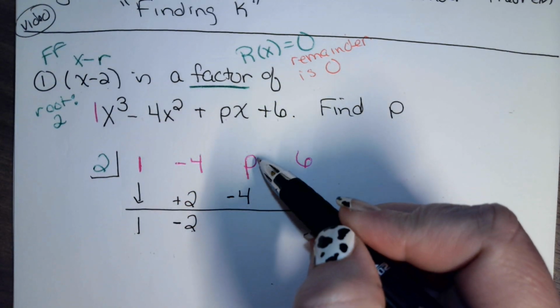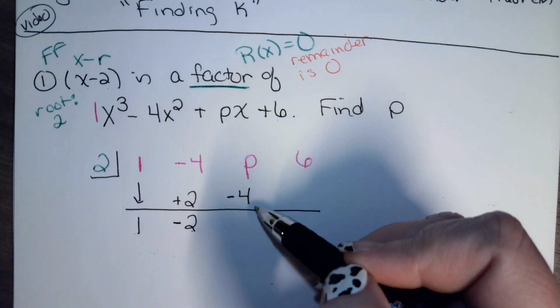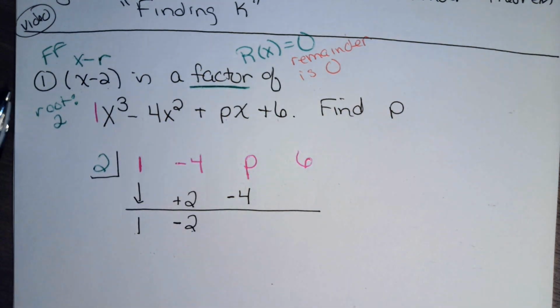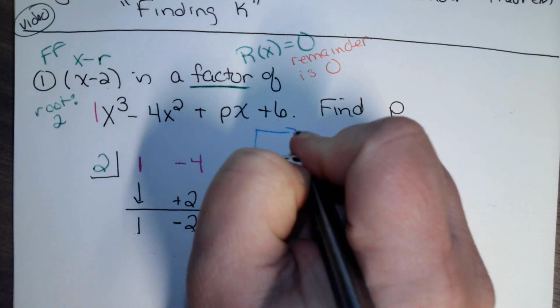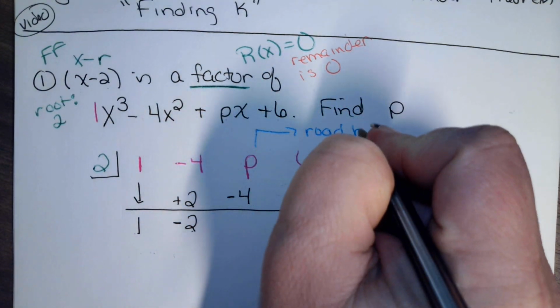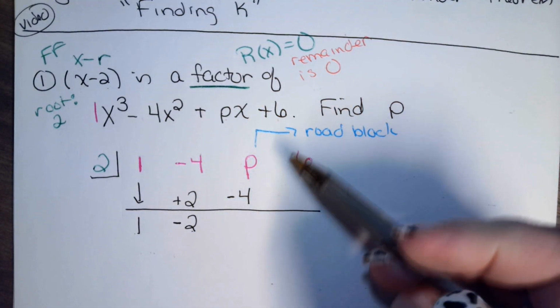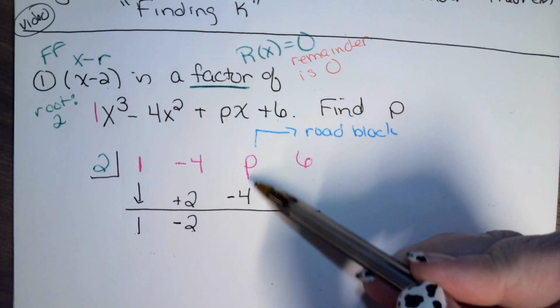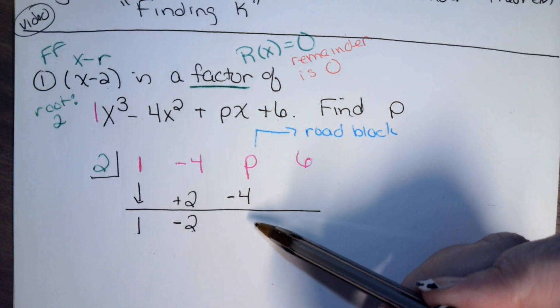But here we cannot combine these. Since we can't combine these, this is where we hit what I call the roadblock. It's your roadblock because you can't combine them. You have to stop right there. You can't work forward anymore.